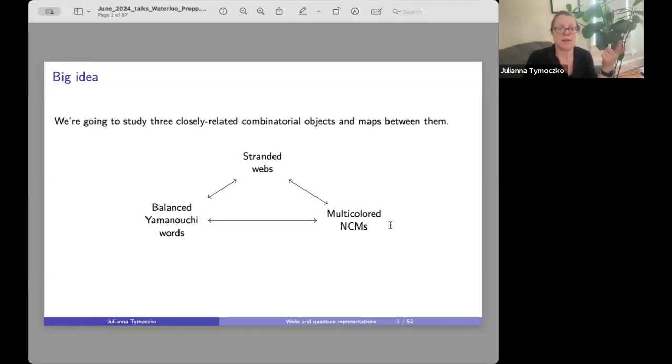Another one is balanced Yamanouchi words, which have a lot of equivalent combinatorial formulations, some of which you'll see. And then a third is multicolored non-crossing matchings. I try to avoid acronyms, but non-crossing matchings is a mouthful, so you'll see NCMs all over the place.